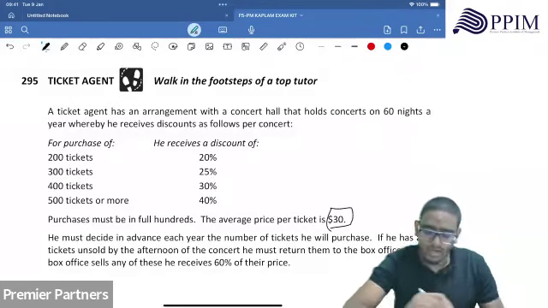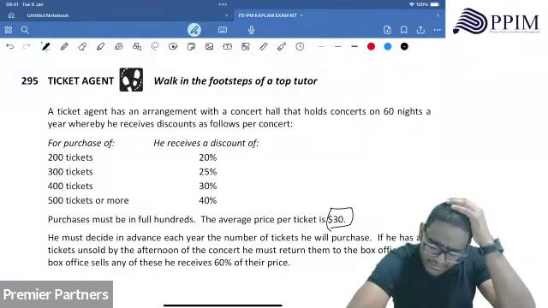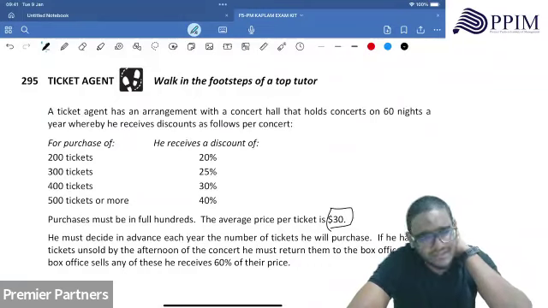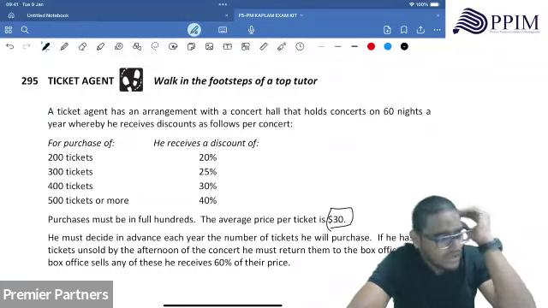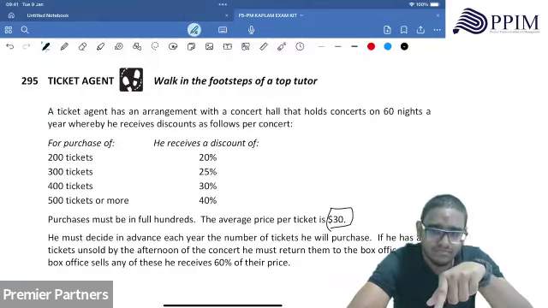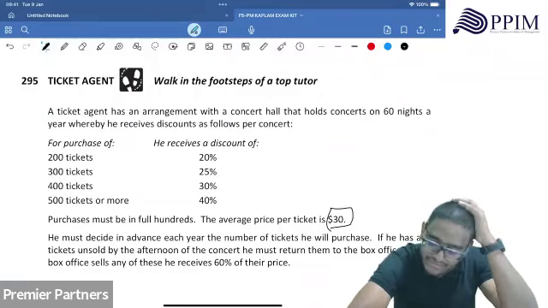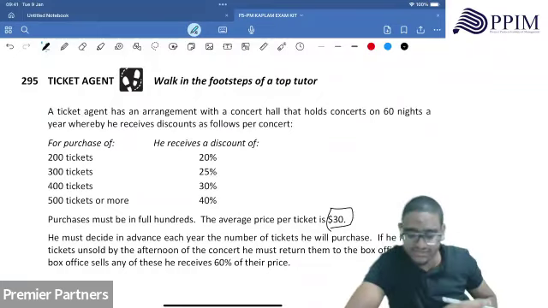Okay. So this tells me he is probably selling the ticket at 30, but he is not buying it at 30. He is buying it at a discount, 20%, 25%, 30%, and 40%.